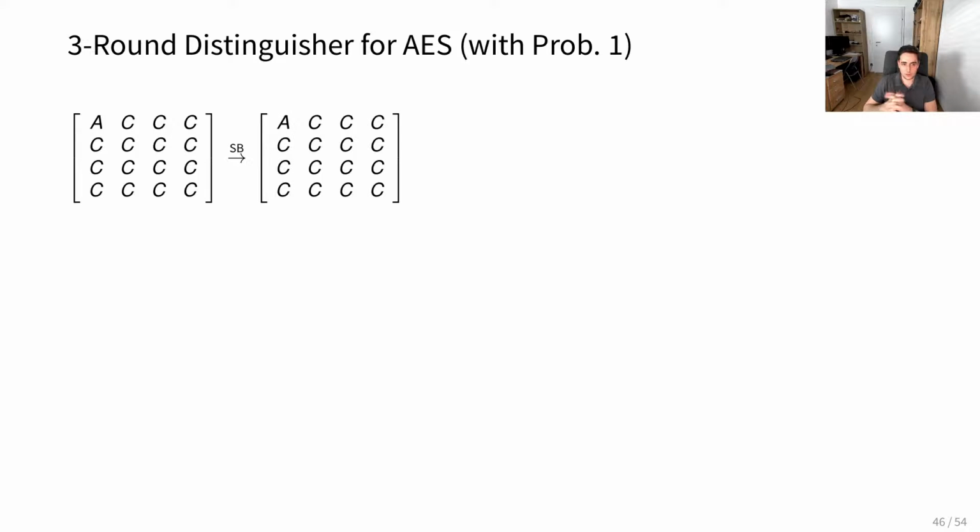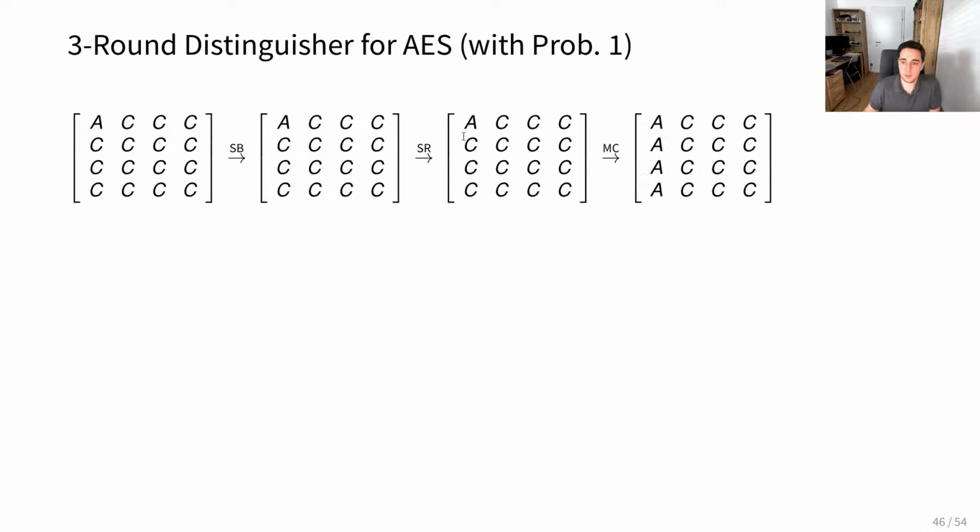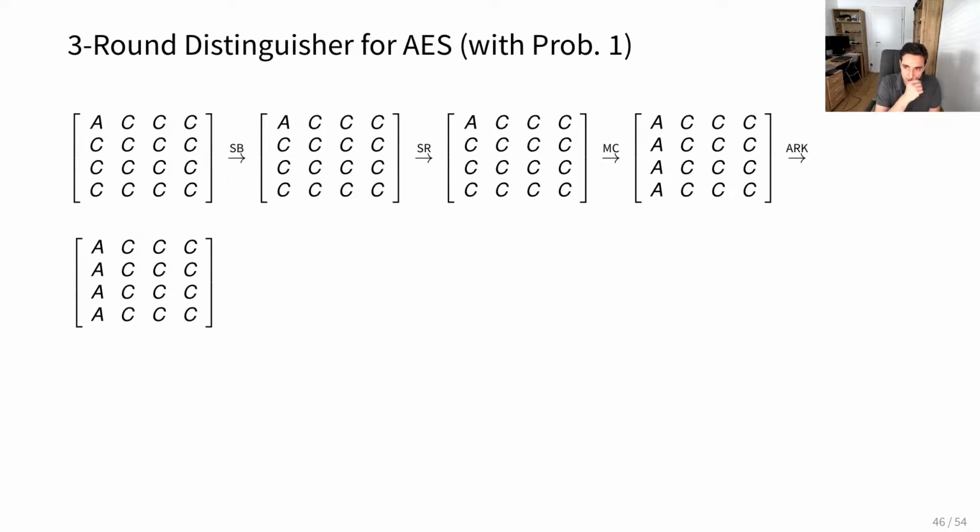SubBytes doesn't change anything about the status here. ShiftRows, especially if only the first row is different, doesn't change anything either. MixColumns spans the differences to all 4 bytes in the first column.